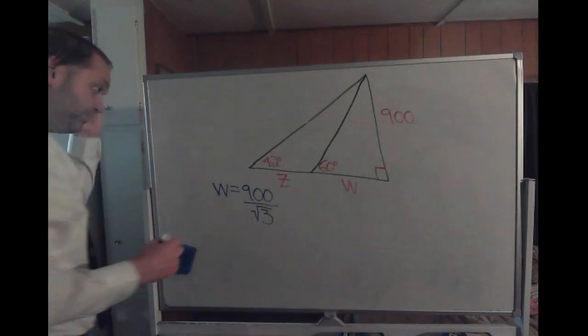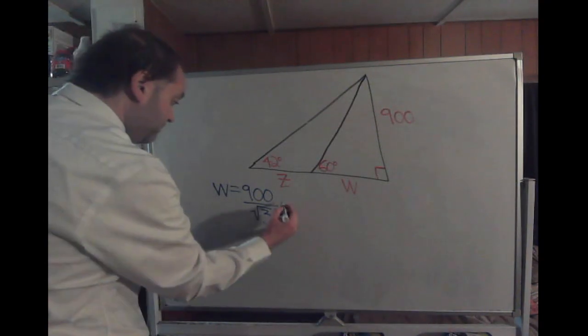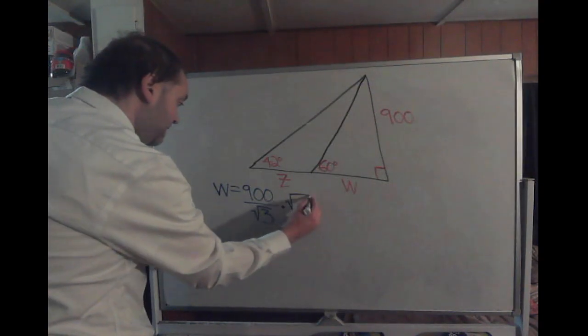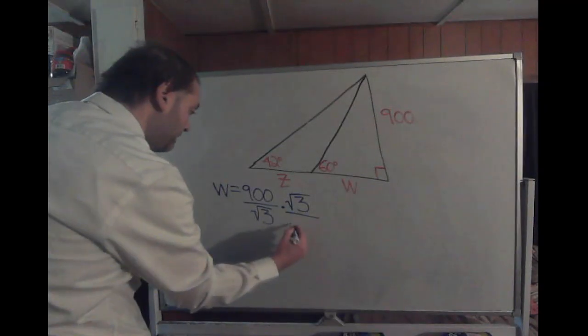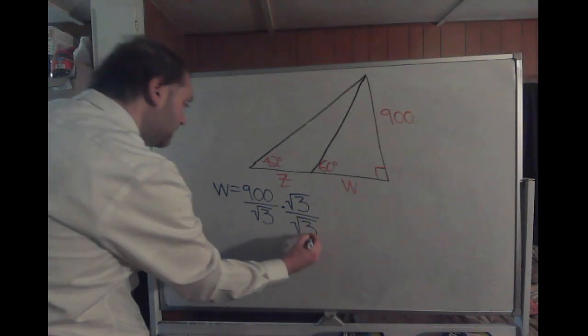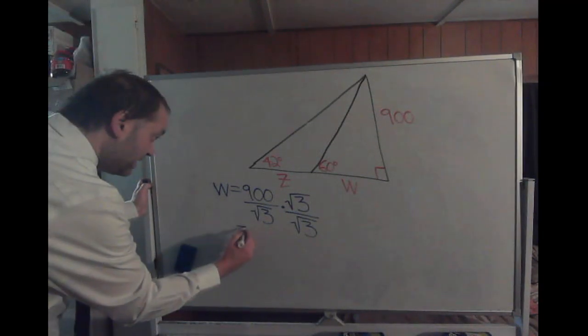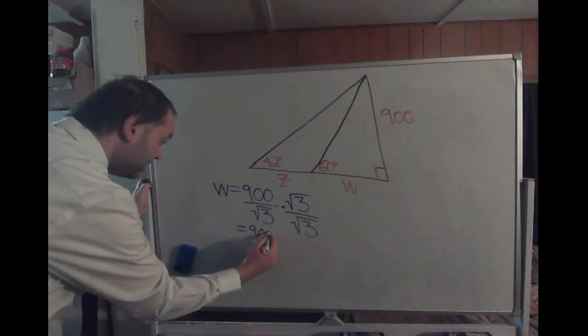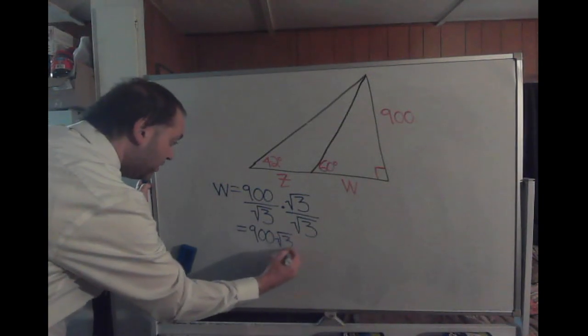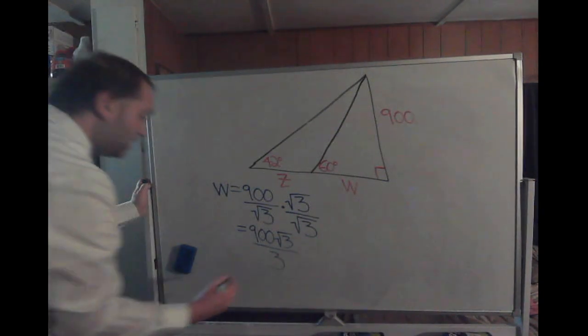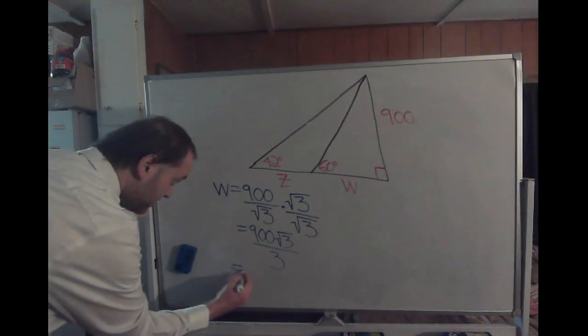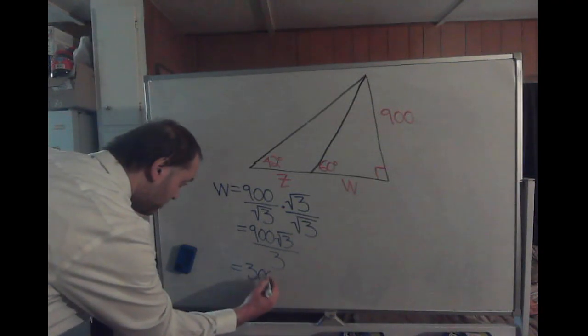Which then, we can of course rationalize the denominator, which would give us 900 times the square root of 3 over 3, which would then give us, of course, 300 times the square root of 3.